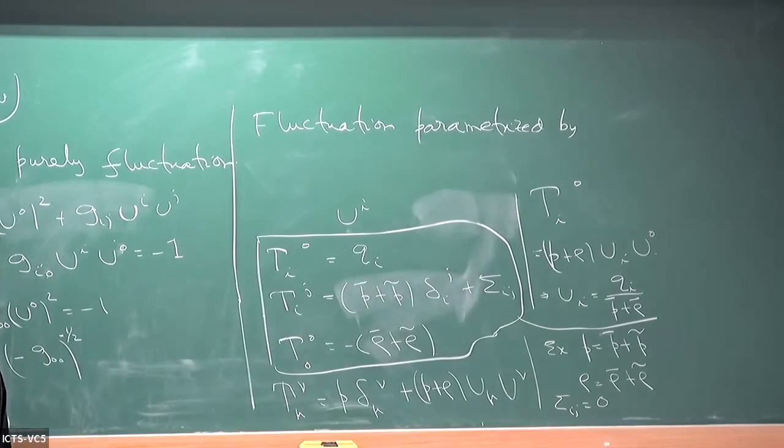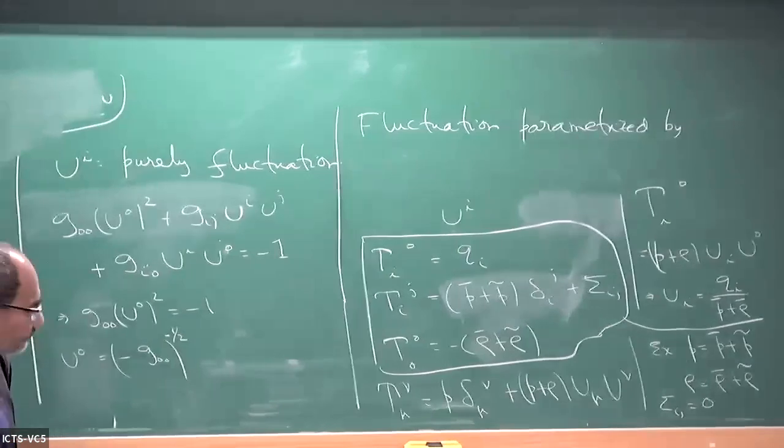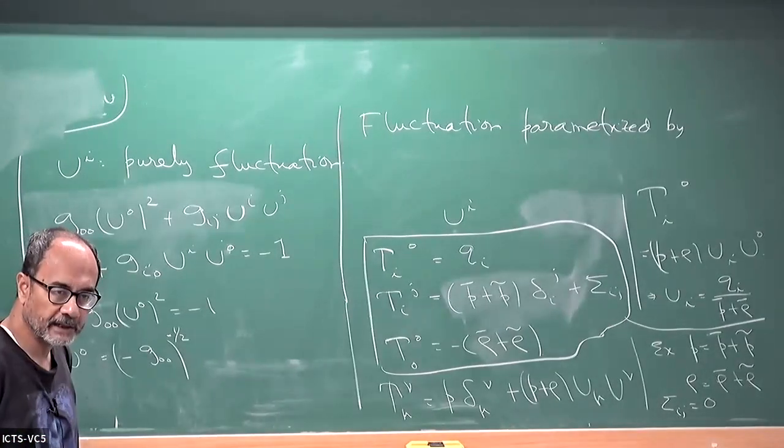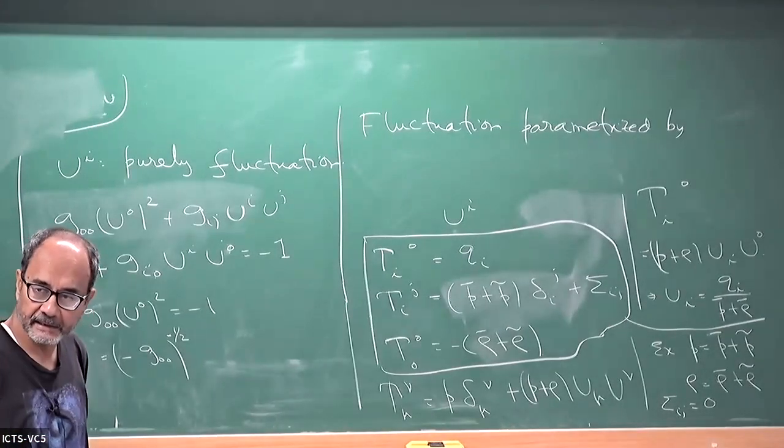Because we saw that it's a part of the metric fluctuation. So sigma is a symmetric tensor that you are decomposing, right? Is this okay? Are there other questions?